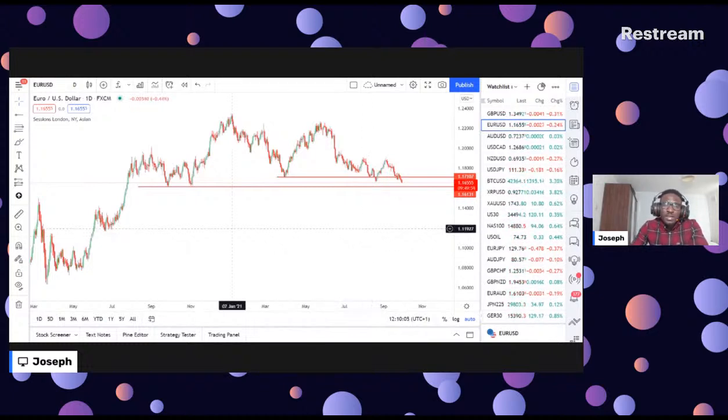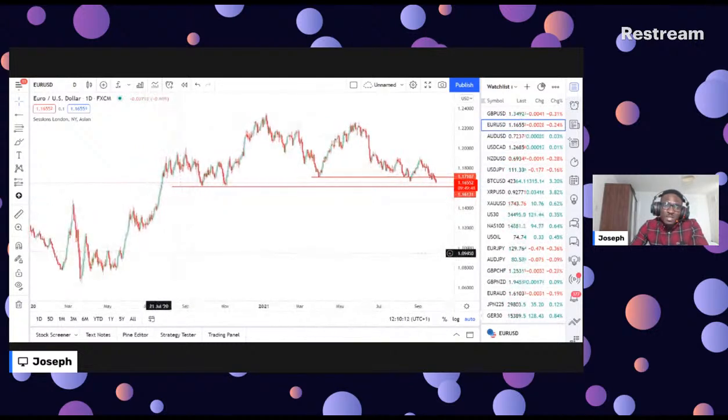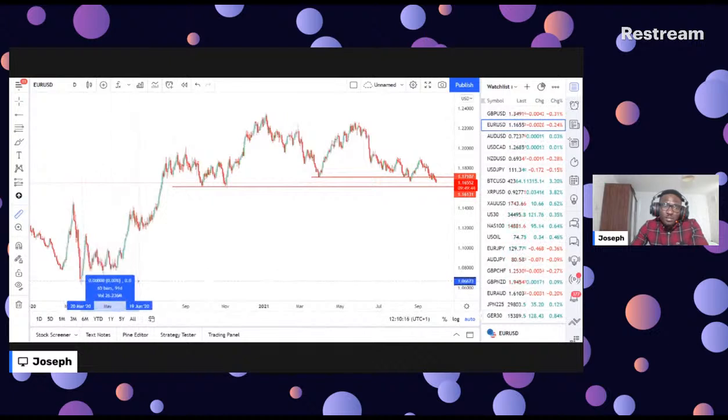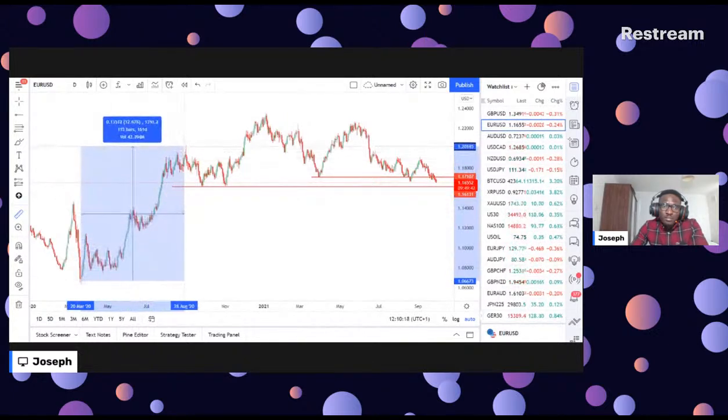Right now, what we're seeing is the market correcting itself, and these corrections last longer than the trend, in actual sense. If you look at this market from here to here, this impulsive move was over 1,400 pips.